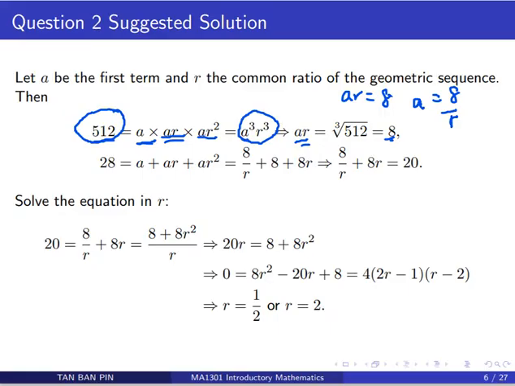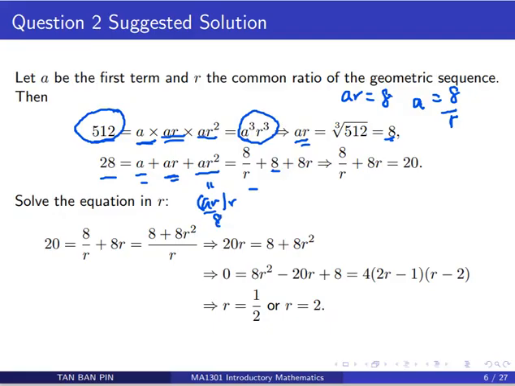So which means the second equation, A plus AR plus AR squared is 28, can be rewritten: A can be replaced by 8 over R, and AR can be replaced by 8. And AR squared you can write as AR then times R, right?